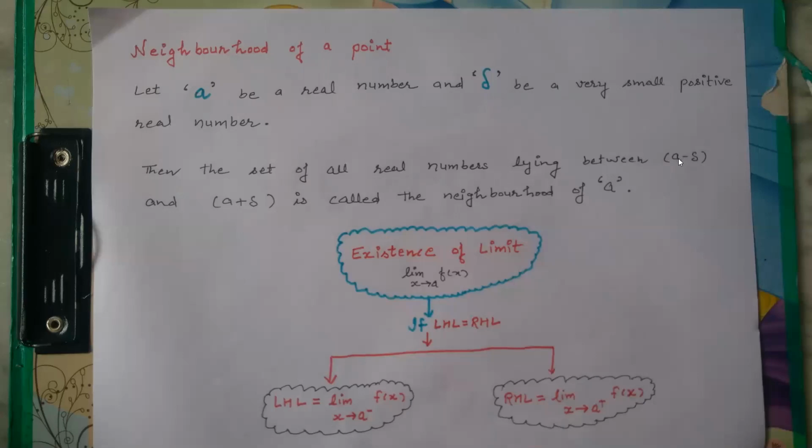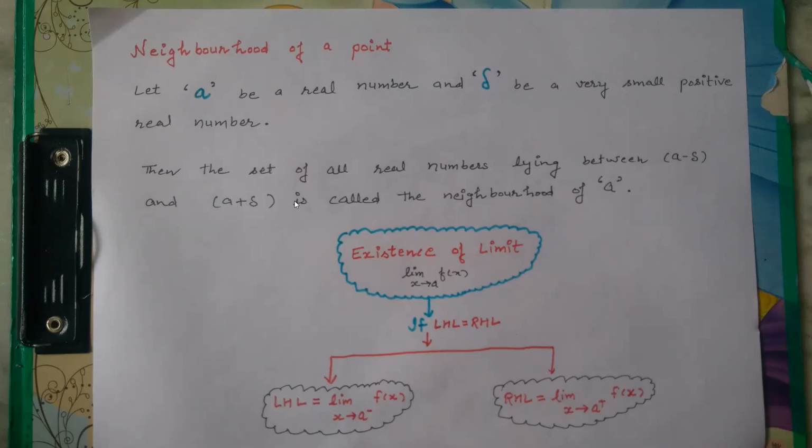That means we are moving a little bit to the left side of a and a little bit to the right side of a. Then the set of all the real numbers in between this and this is called the neighborhood of a.